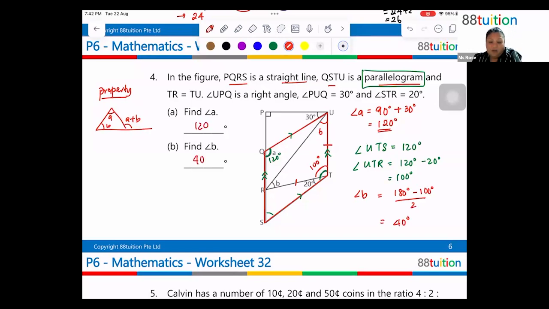Because we look at this as an isosceles triangle. You see that? The yellow triangle is actually an isosceles triangle because PR is equal to TU. Okay, very good. All right, next question.